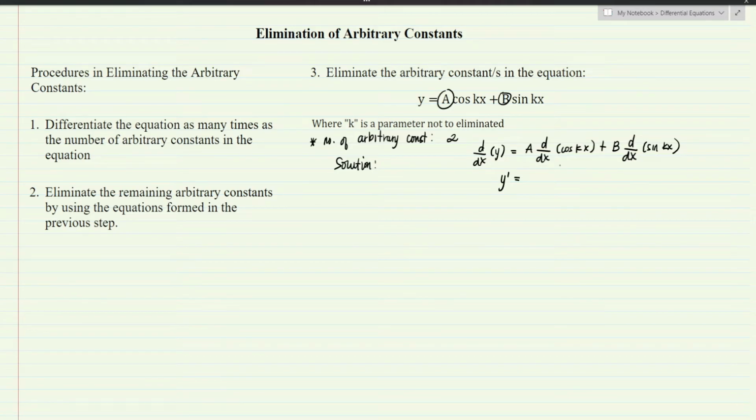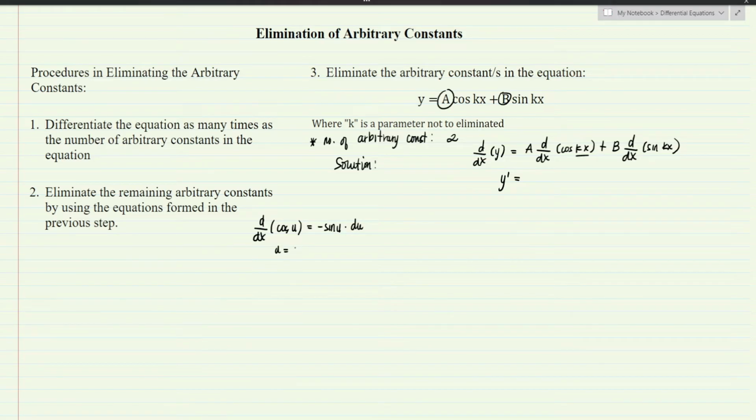As for the right side of the equation, we will use here the derivative of cosine u. And that would just be negative sine u times derivative of u. Now we will have to assign a function for u, and that would be kx.